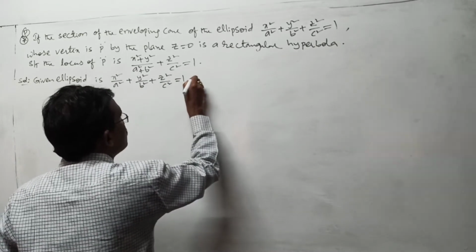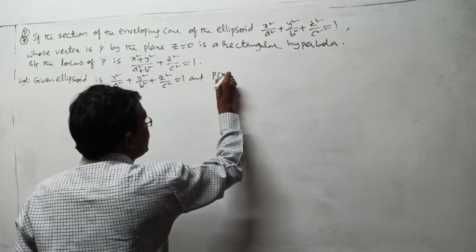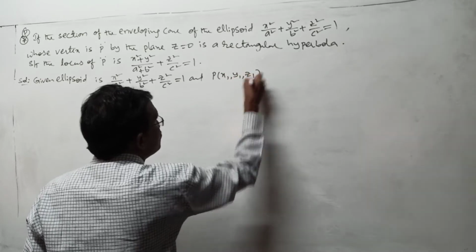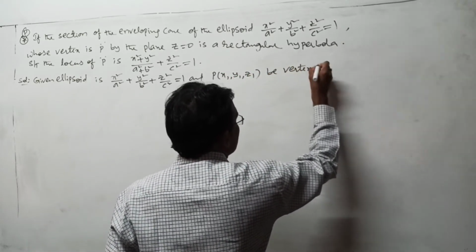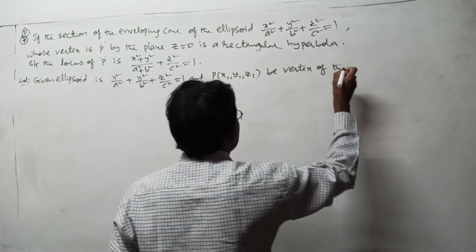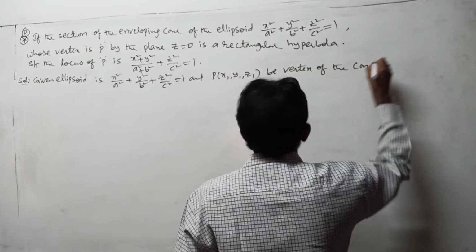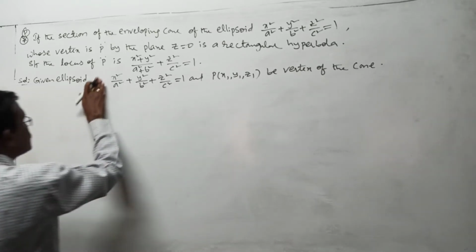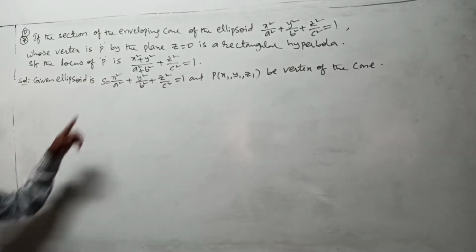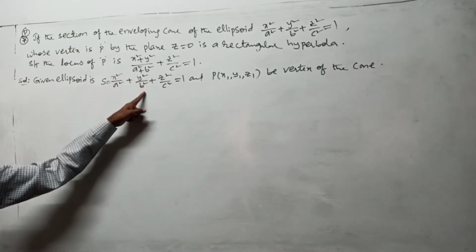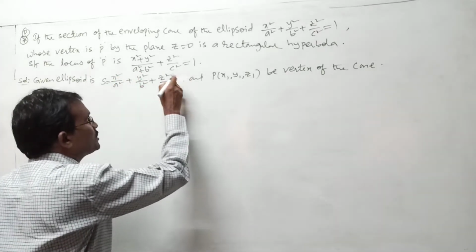And I want to take the point P as x1, y1, z1, the vertex of the cone. Let S be the ellipsoid: S is equal to x square by a square plus y square by b square plus z square by c square minus 1 equal to 0.